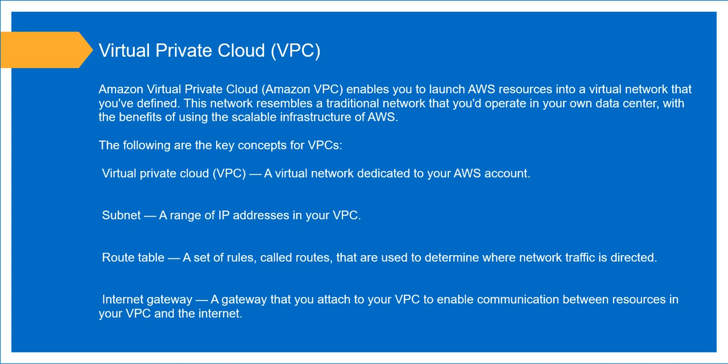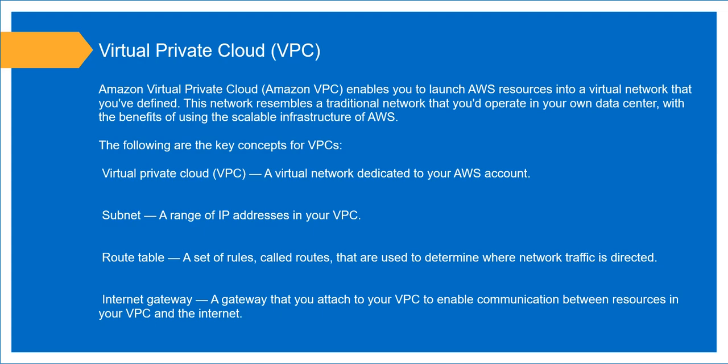Some of the key concepts of VPC are, first, the VPC. It's the virtual network that is dedicated to your AWS account. The subnet, that is the range of IP addresses in your VPC. You'll have a route table, and that's the set of rules called routes that you use to determine where your network traffic is directed, same as a traditional network.